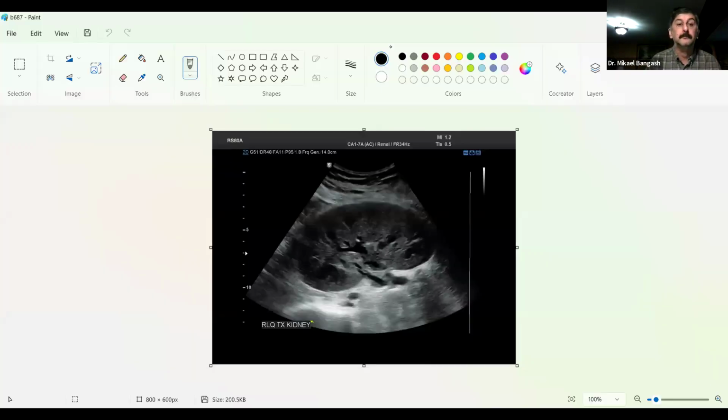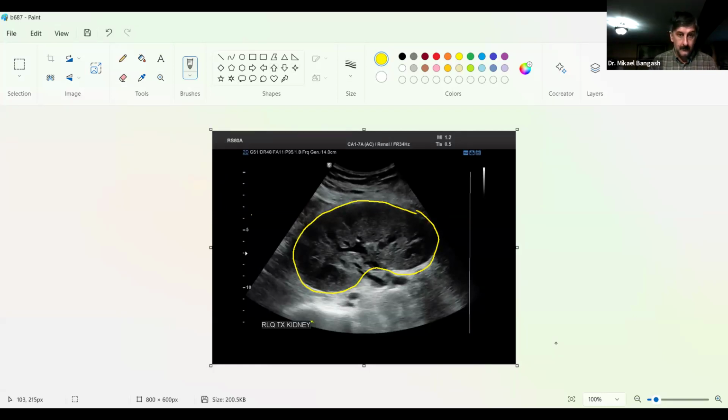Here. Can you guys see this picture here? Yep. What you may figure out is that this here is the outline of a kidney. Clear? Okay.